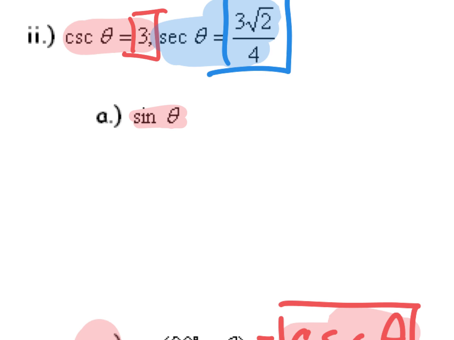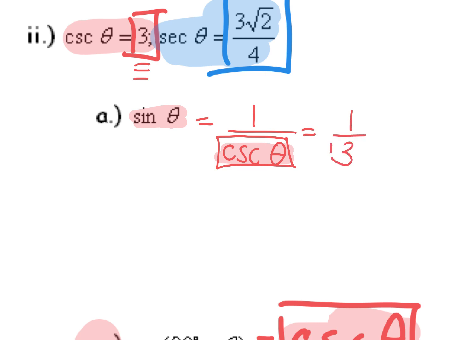The way we write that is by stating that sine is equal to 1 over cosecant. So if we're using this whole idea that we can substitute what cosecant is equal to, I just have to replace what's in this box right here. The cosecant of theta, once again, was just 3.